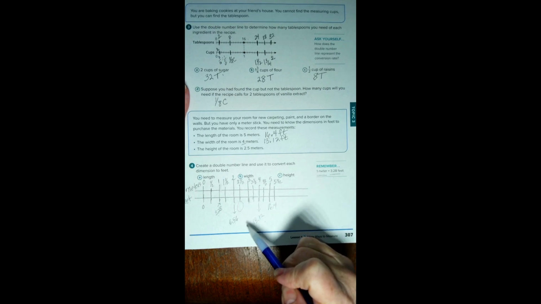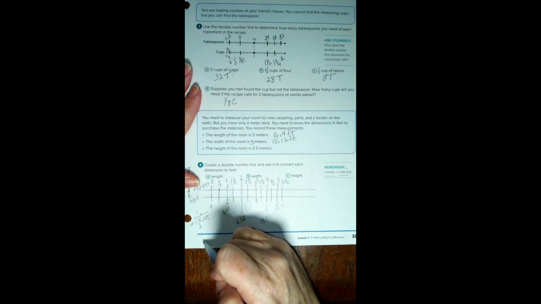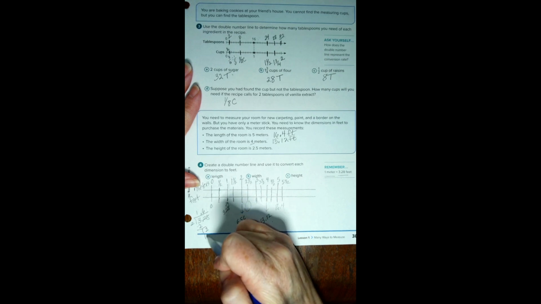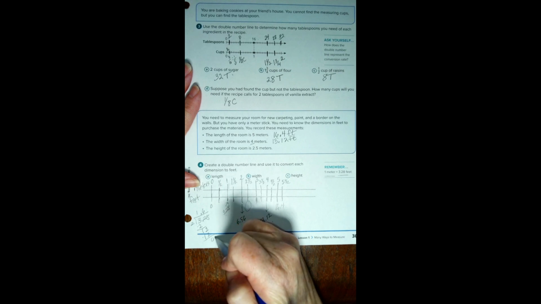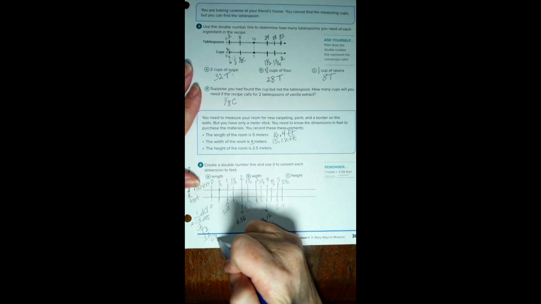It's here. So half of a meter, so 3.28 divided by 2 for half. I want to model kind of a division of decimals for you. 1 times 2 is 2. 3 minus 2 is 1. Bring down the 2. Notice I put my decimal point straight up. 2 goes into 12 6 times. I subtract, I get 0. Bring down the 8. There are 4 8s, 4 2s and 8.